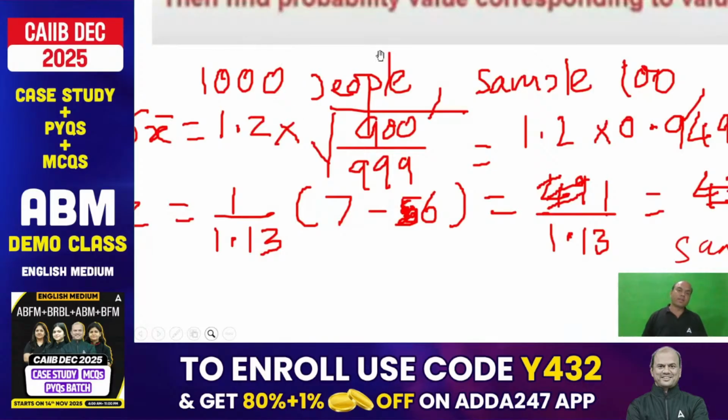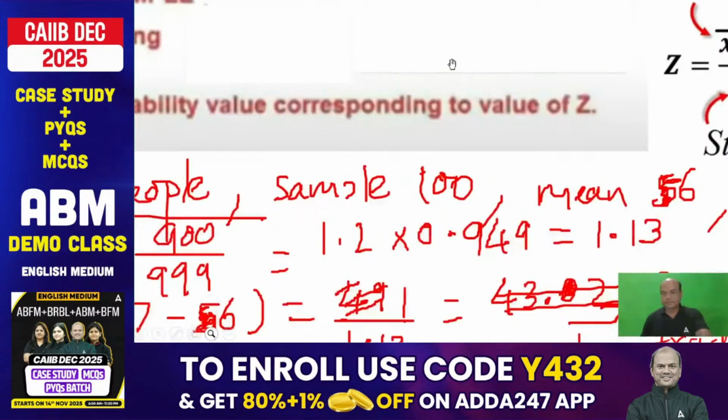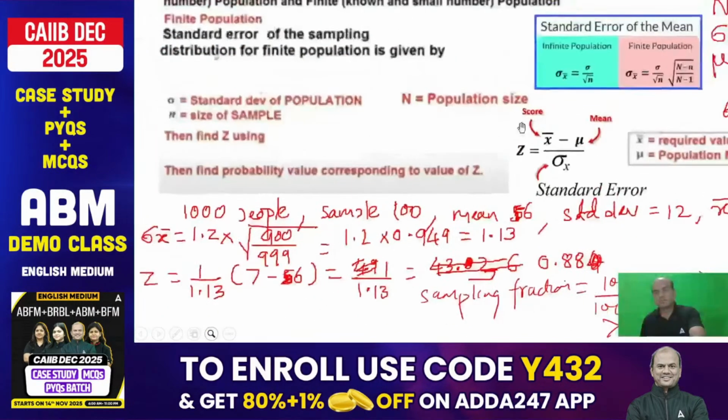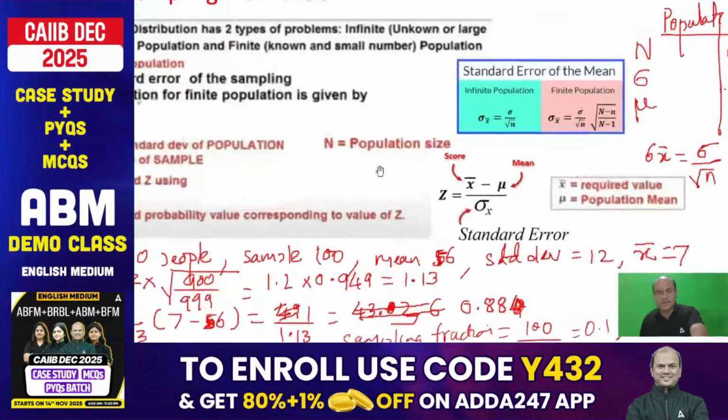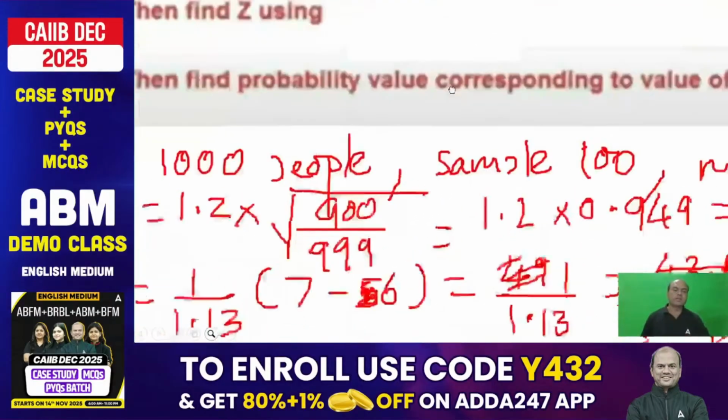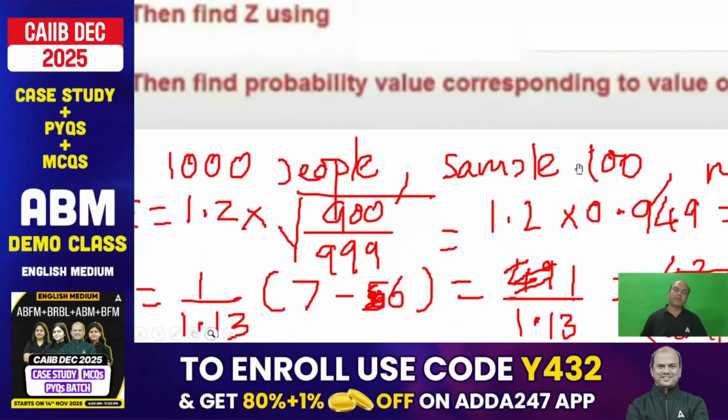So what is the formula for the finite population problem? Finite population multiplier is N minus n upon N minus 1, same thing we have done. So 1000 minus 100 upon 1000 minus 1. This is the multiplier.